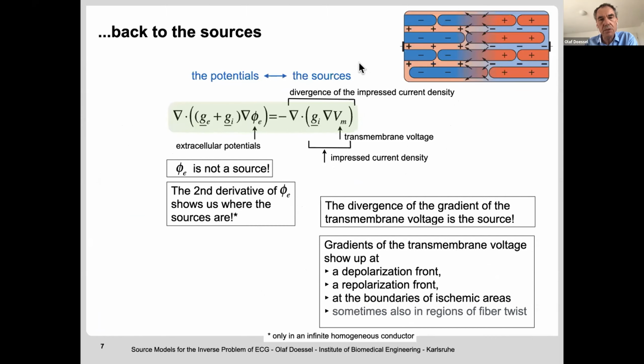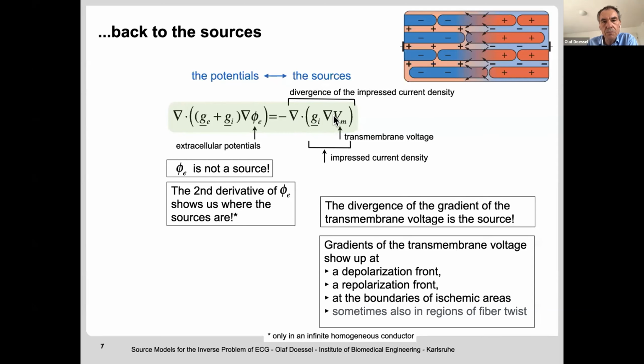And what we see here is on the one side, the sources, the source term, and on the other side, the potentials, the extracellular potentials that come up from it. So if we go here, we see the transmembrane voltage. This could be a kind of source of our problem, but hidden behind the gradient and the divergence operator.